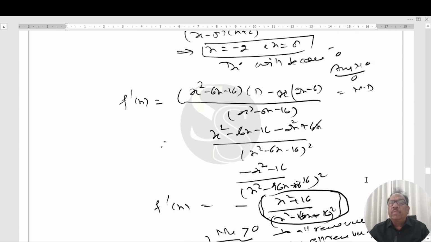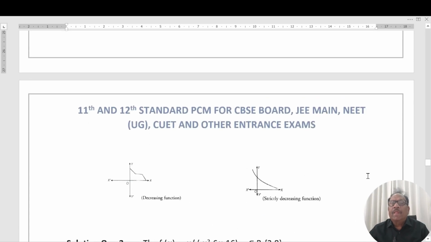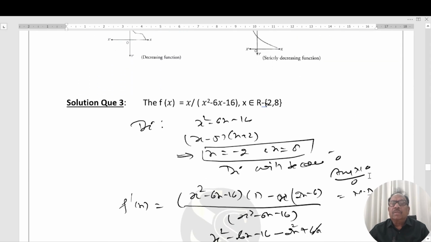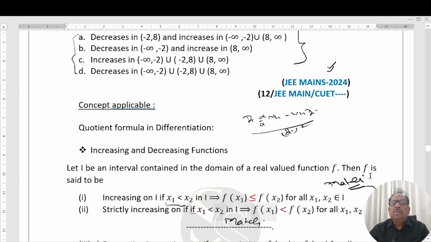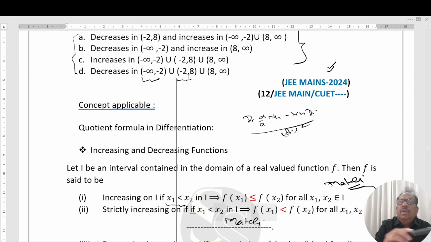Now we have to pick up the correct answer. The correct answer will be decreases on minus infinity to minus 2 union minus 2 to 8 union 8 to infinity. Right? It means minus 2 is not to be considered in this case and 8 is not to be considered.